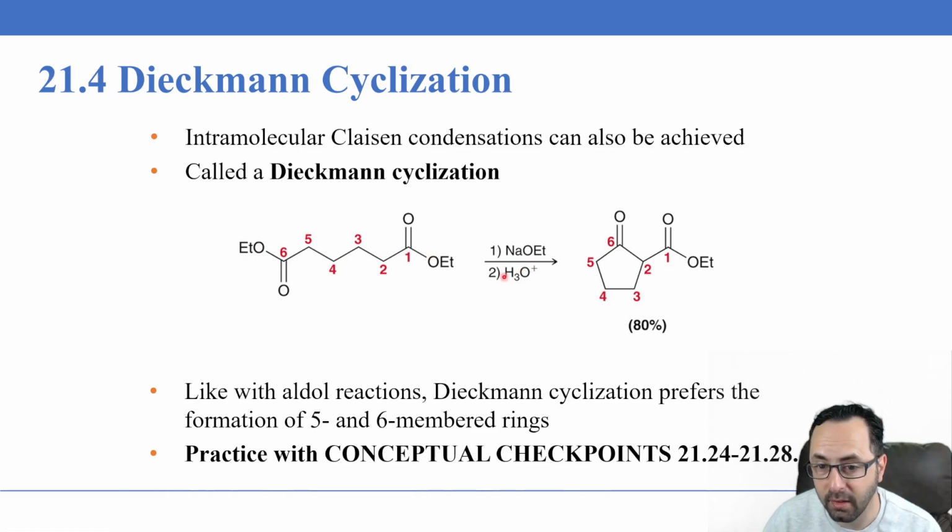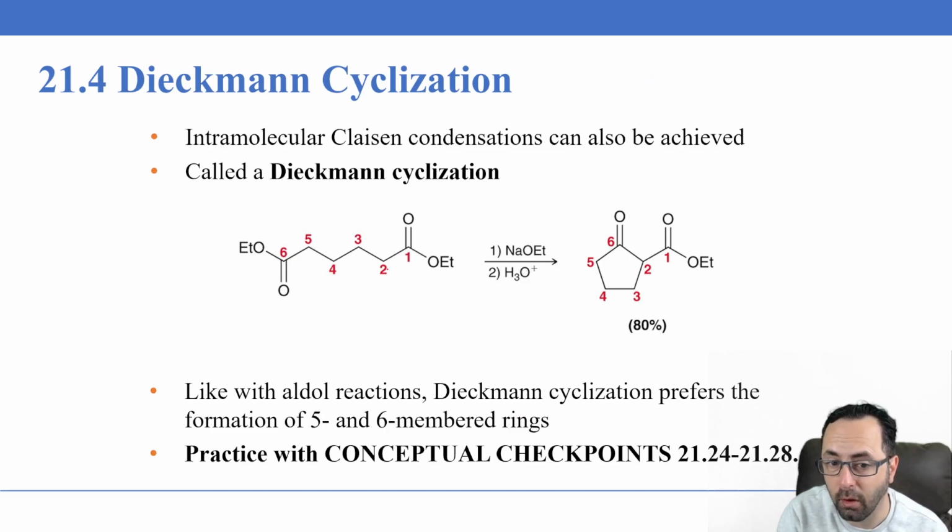And we'll need acid as a final workup step to protonate the deprotonated carbonyl or former carbonyl group here, right? Or rather, the carbanion that is produced in the end. So here we can see what's going to happen. Let's go through the details of the steps.